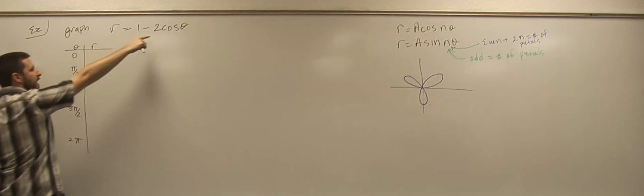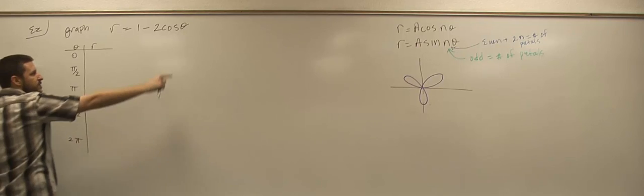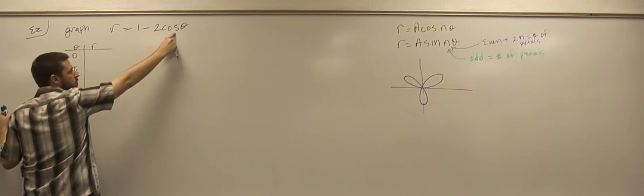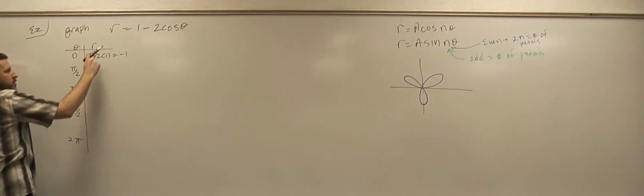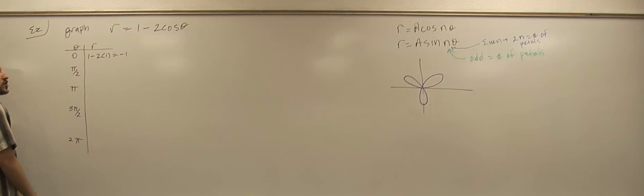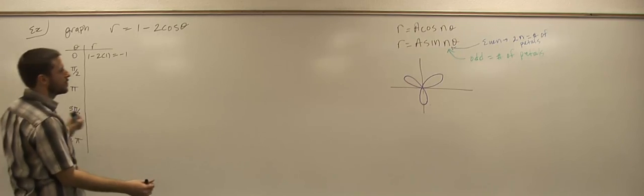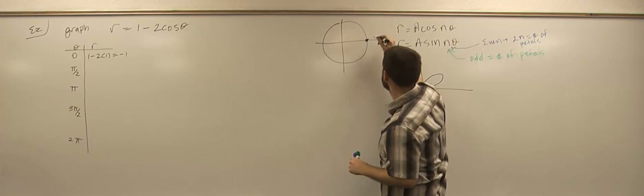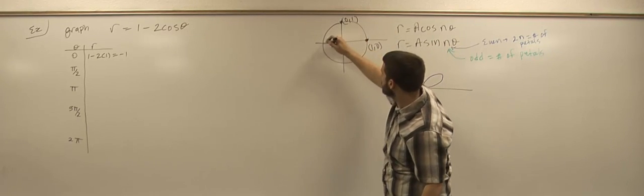When you plug 0 in for theta, what should you get? What's cosine of 0? 1. What's 1 minus 2 times 1? Negative 1. So cosine of 0 is 1, but when you actually calculate it out, you get negative 1. Let me draw a little unit circle. So 0 landed us over here.